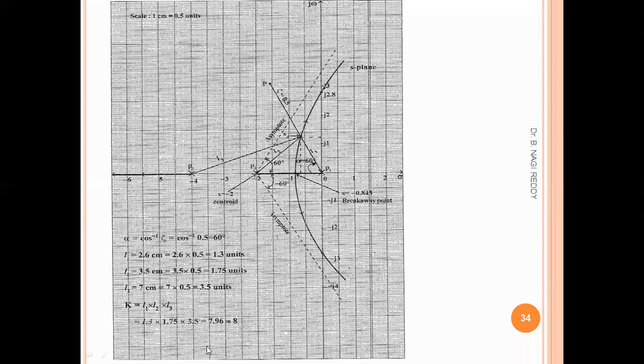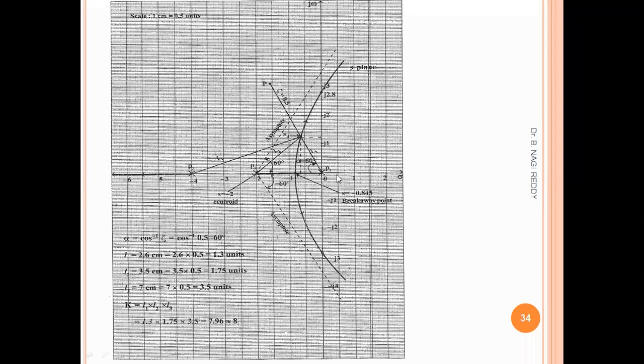This line OP meets our root locus at a point, and this point is called S suffix D, the SD point. Mark this point, take a scale and measure the distance between pole 1 and SD.